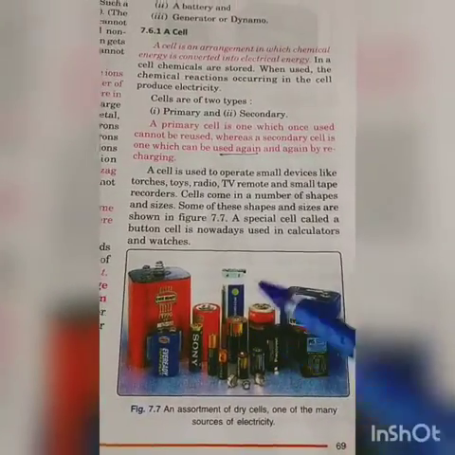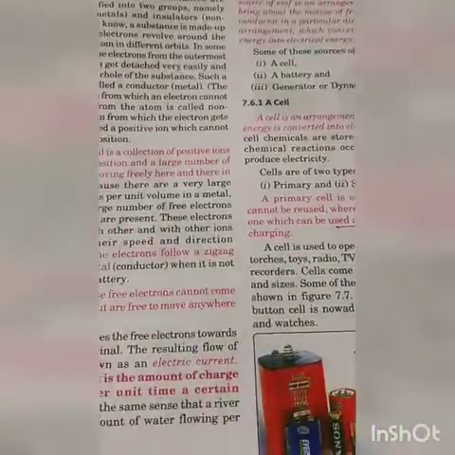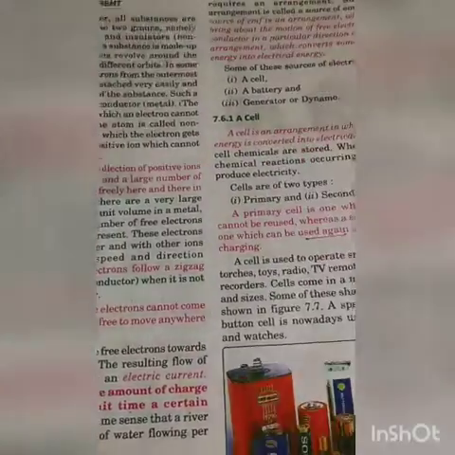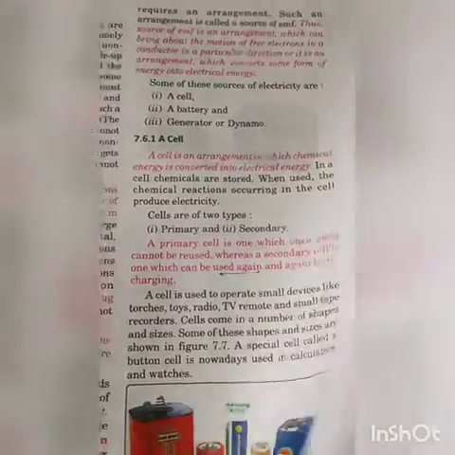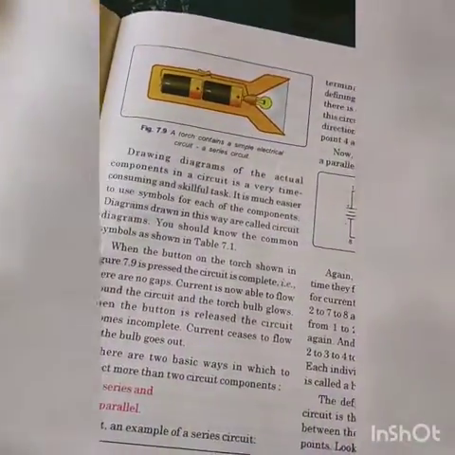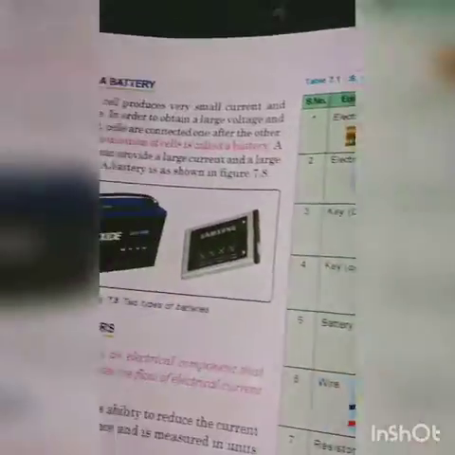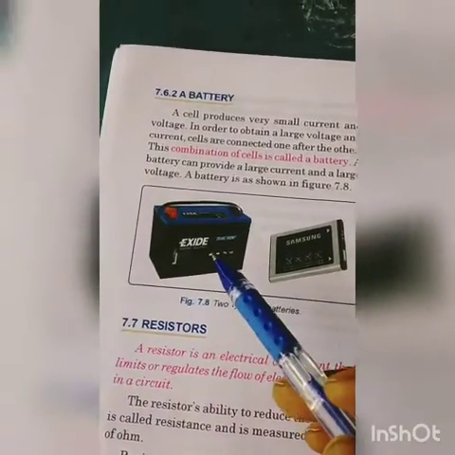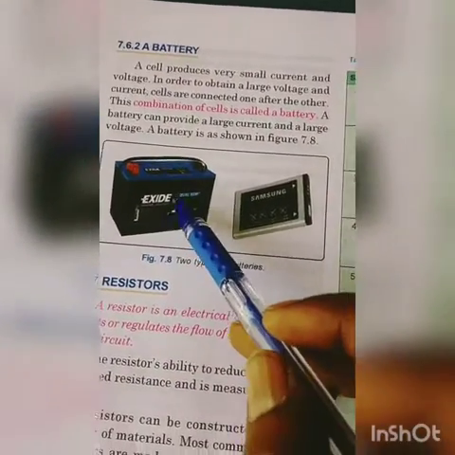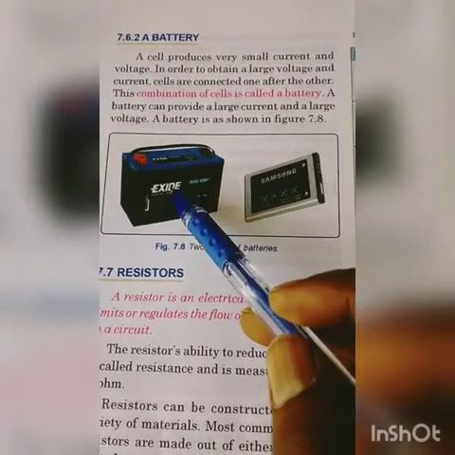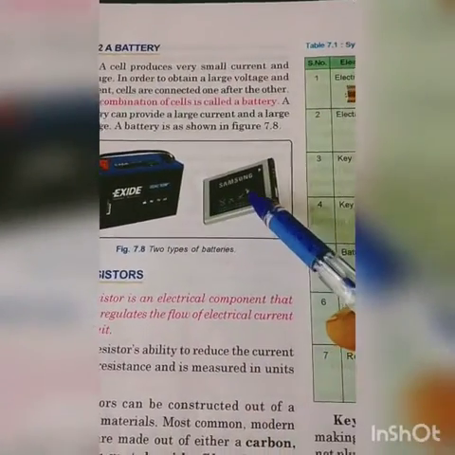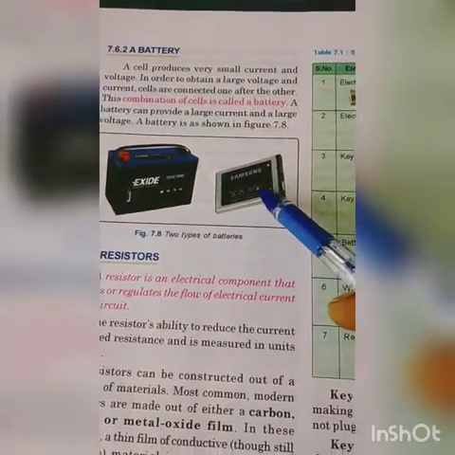And a combination of cells is called a battery, so it's not different. In daily use, you must have seen batteries used in inverters and other devices like computers, and in mobile phones.